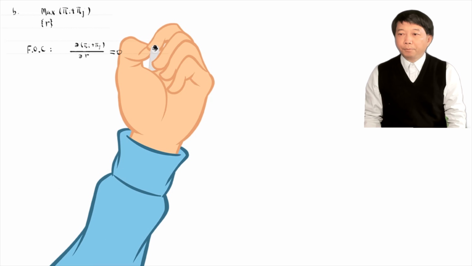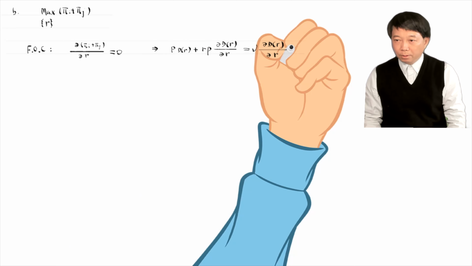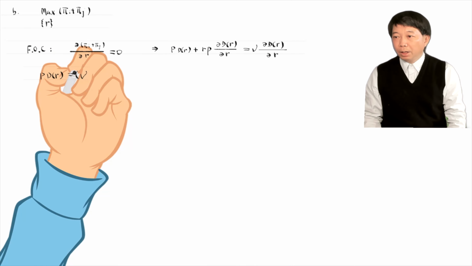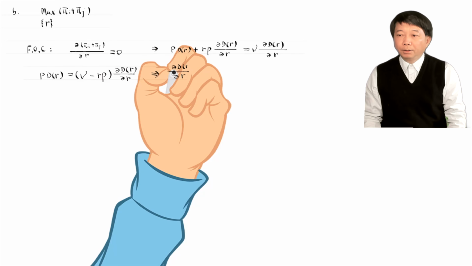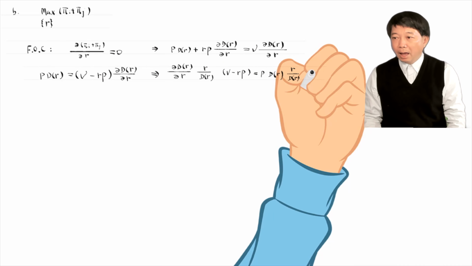The sum of profits is maximized where the first order condition is met. Rearrange the terms and define the demand elasticity of the commission rate, epsilon r.